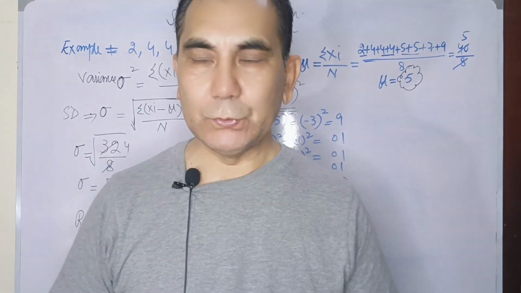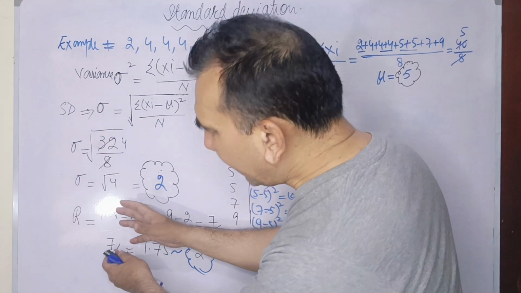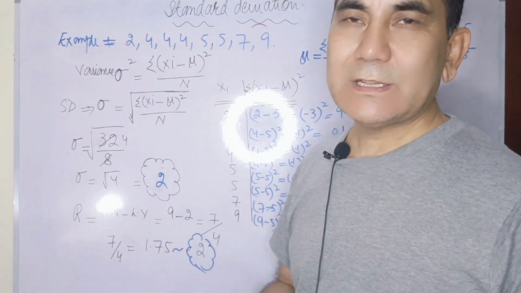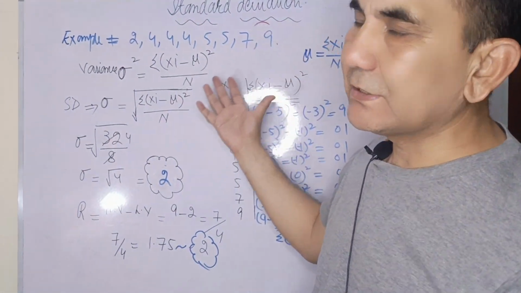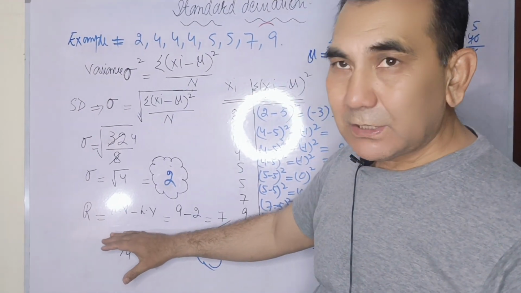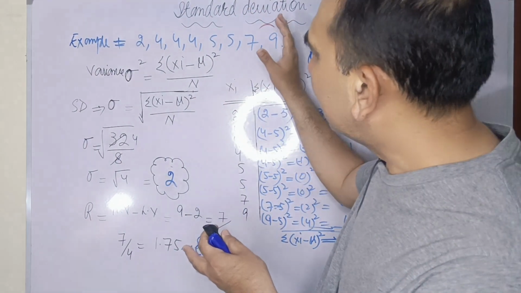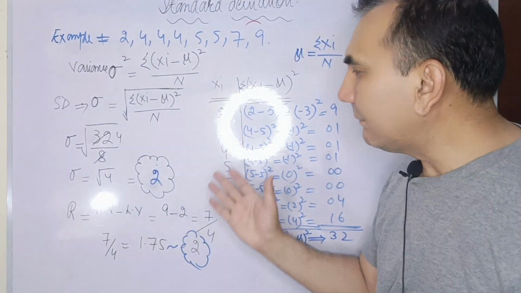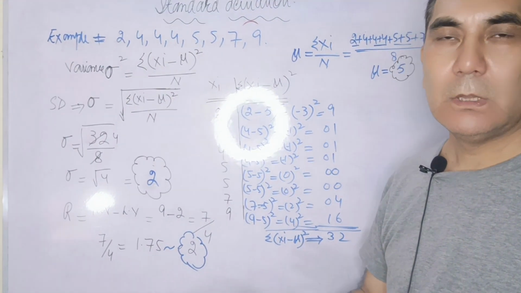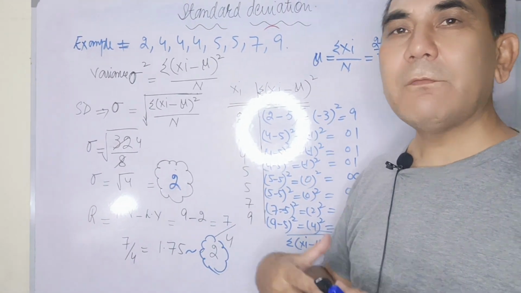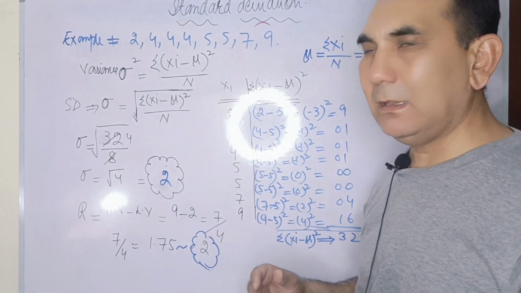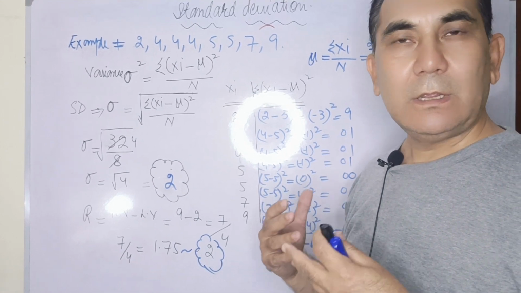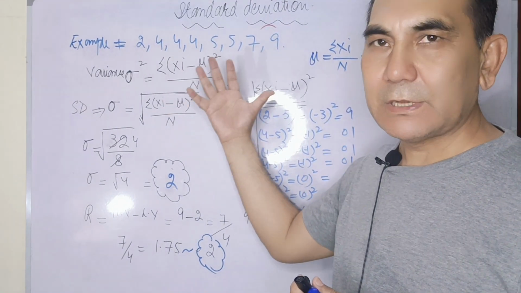I told you, this is another method to calculate the standard deviation of any data set, in which we calculate the range of the data set and then divide it by 4. It gives a rough estimation of the standard deviation of any data set.